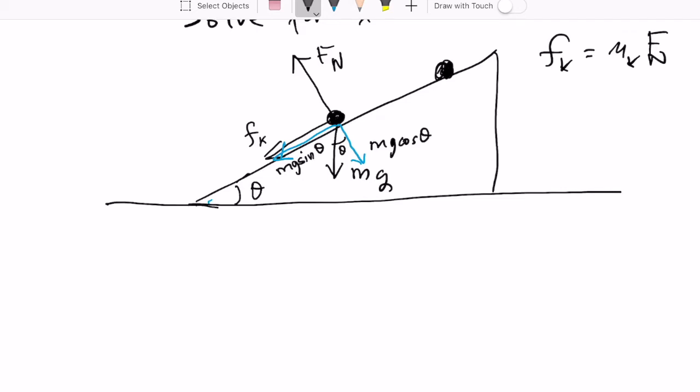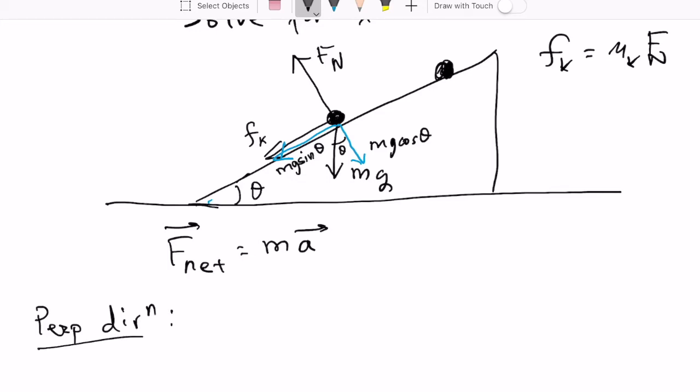Okay, so now we can apply Newton's second law in the perpendicular direction. Newton's second law is F net equals mass times acceleration. Perpendicular to the incline is what I mean. So we will just choose the upward direction to be positive.